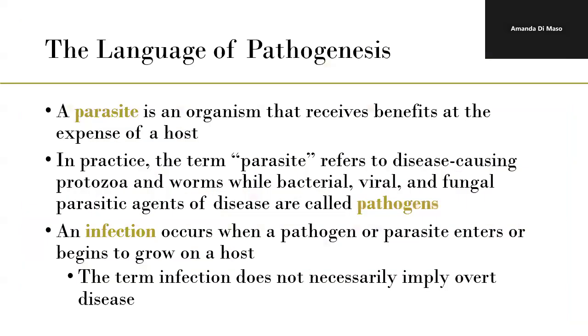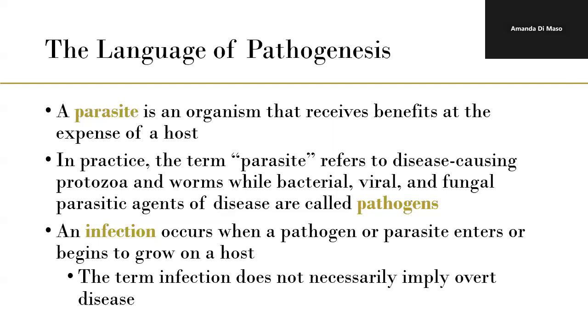So let's jump in. We're talking about something called pathogenesis, which is how disease is created, basically. Disease from infectious organisms. So we have the term parasite, and we've talked about this a little bit in the microbial ecology portion, but this is an organism that's going to benefit by harming another organism.